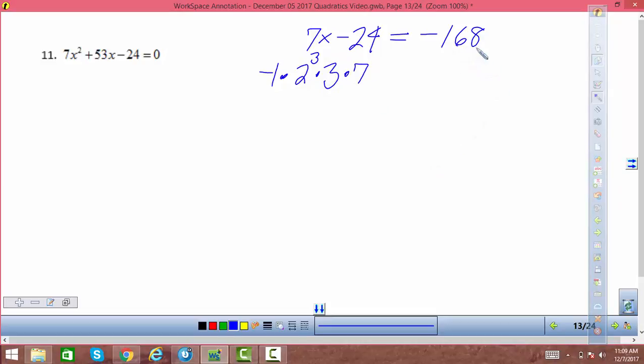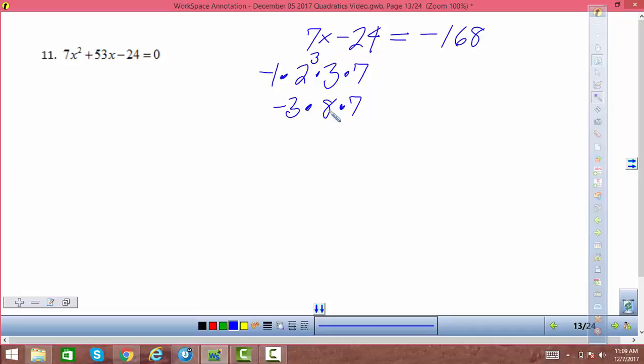So I need two numbers that multiplied together give me negative 168 and added together give me positive 53. Well, 2 cubed, or 2 to the third power, is also known as 8. And I'm going to multiply the negative 1 times the 3.